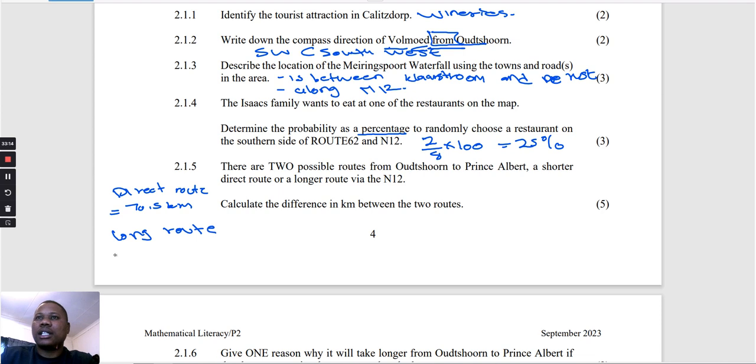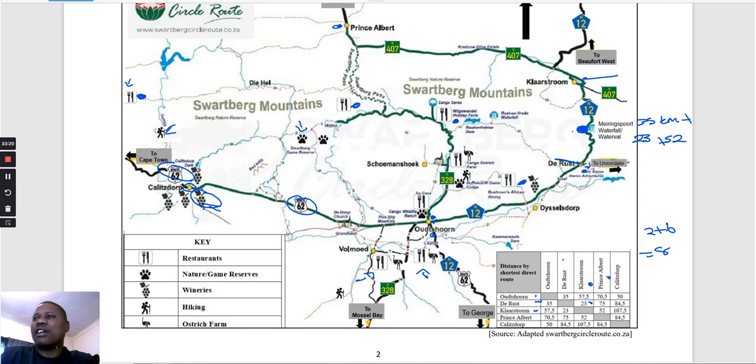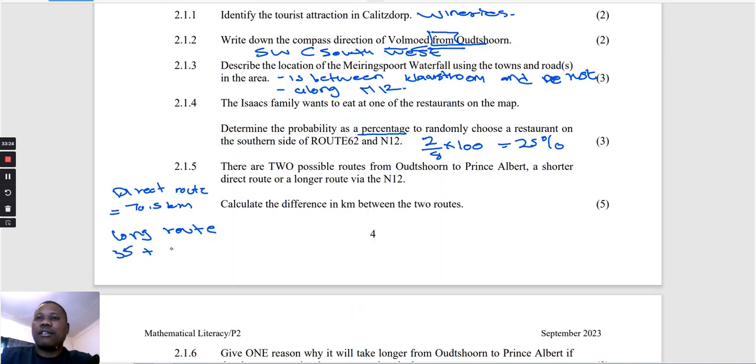The long route, we have 35 plus 23 plus 52, that gives us 110 kilometers. This is the shorter route, the direct route.